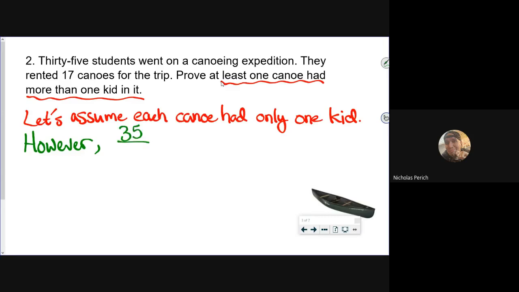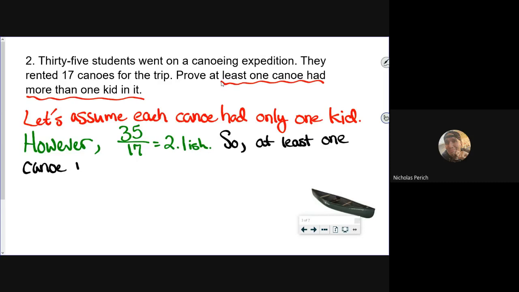35 divided by 17 is like what, 2 point something? So, at least one canoe is going to have more than one person.